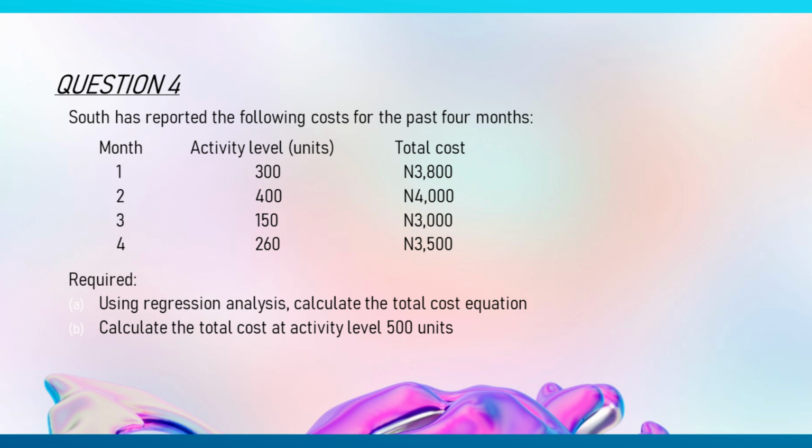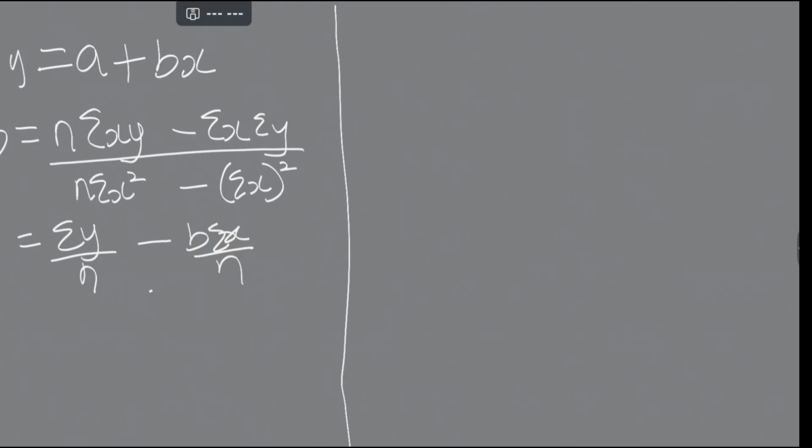First things first, we have to create a table for x, for y, for xy and for x squared, right? Like I said, your unit is your x and your total cost is your y.